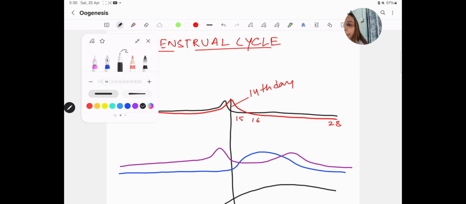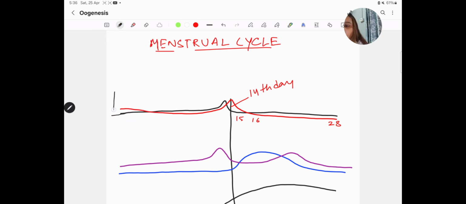This black line is for FSH, the follicle stimulating hormone, and this red line is the LH, the luteinizing hormone. You can see that there is no surge or peak of FSH and LH before the 14th day. So what happens on the 14th day, that we get a peak in red color on that day?